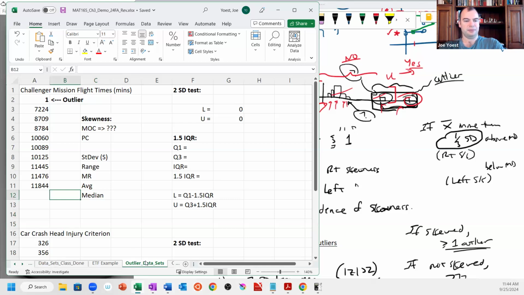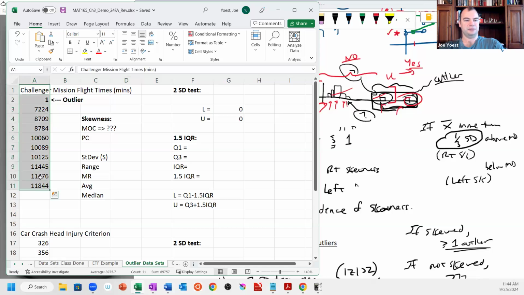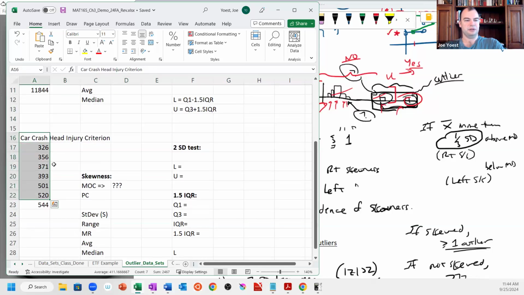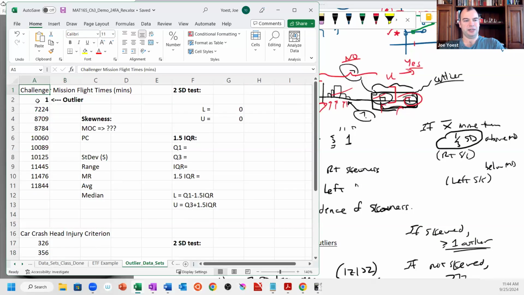Okay, so in this tab, outlier data sets, we have a different worksheet with some different data. We have 2 different data sets here. One of them is Challenger mission flight times in minutes. And of course, there was the one Challenger mission where it exploded right after takeoff.